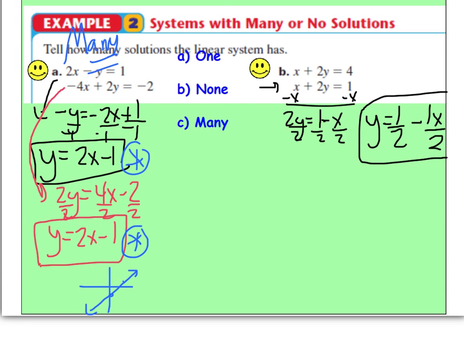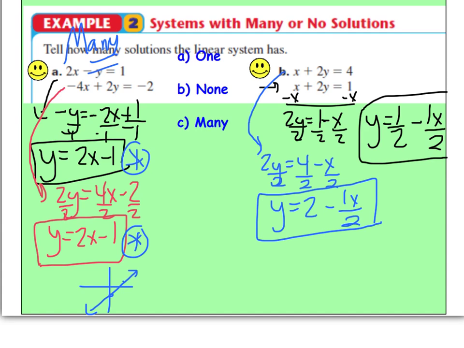To solve this first equation, I'm going to subtract x from both sides first, and then divide by 2. If you do that, I'm going to get y equals 2 minus 1x over 2.